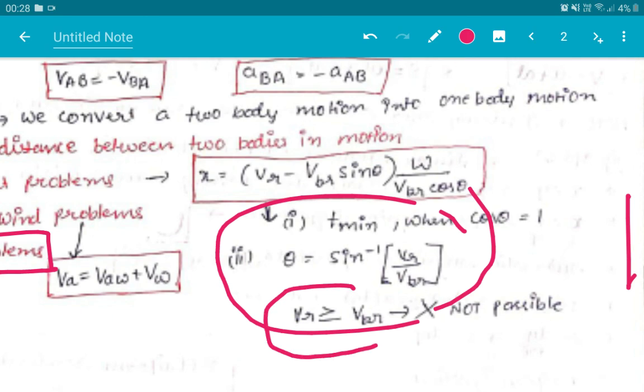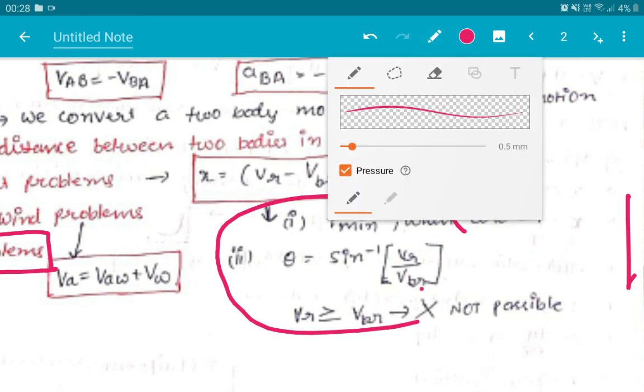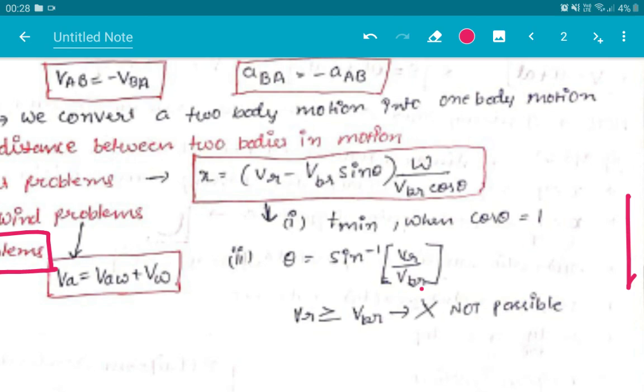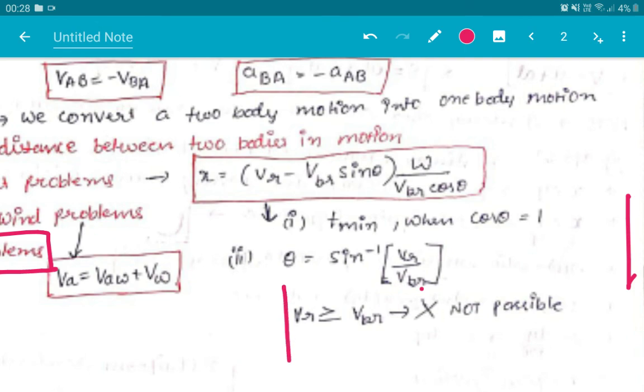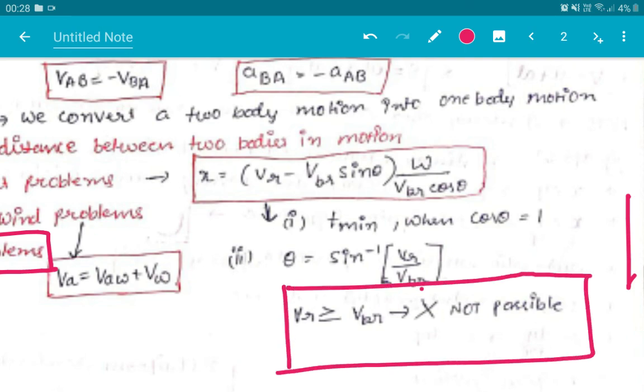If VR is greater than VBR, this point is pretty much important, because it is asked at least in school examinations. If the velocity of the river is greater than the velocity of the boat, it never reaches, right?